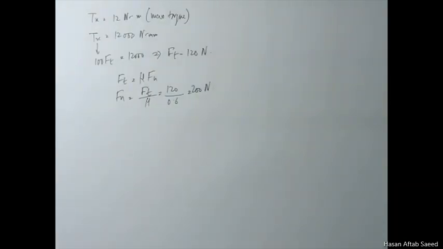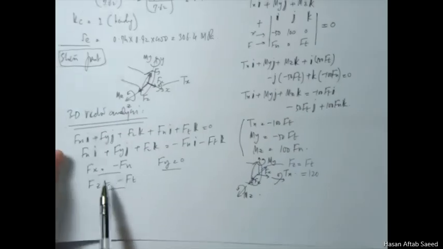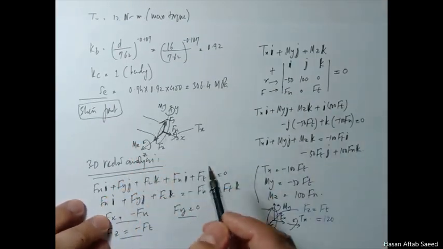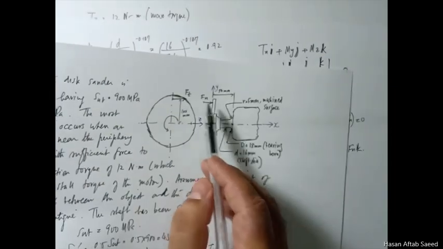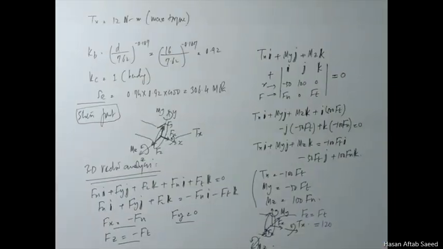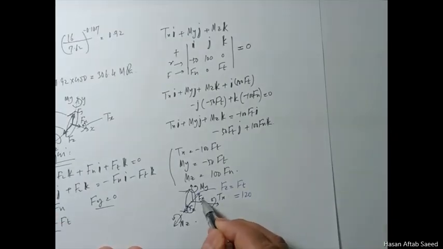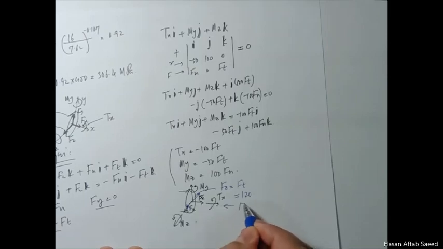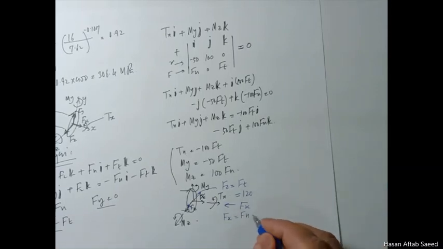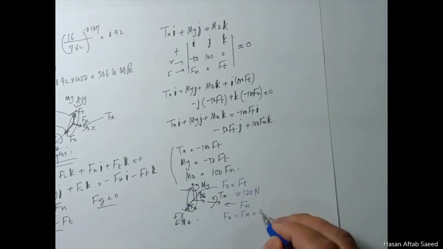Now recall again the value of Fx, is minus Fn. Fn is in the positive x direction, so Ft is on the opposite side. So you have again Fx, not like this, but the value of Fx is equal to Fn, and that is 200 newton.